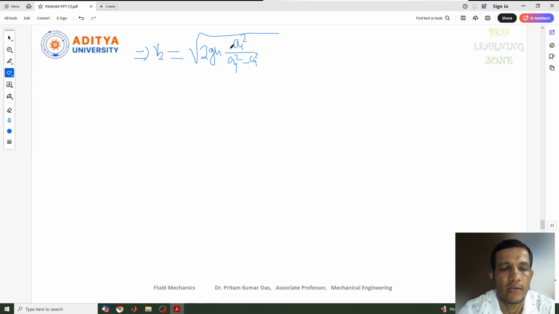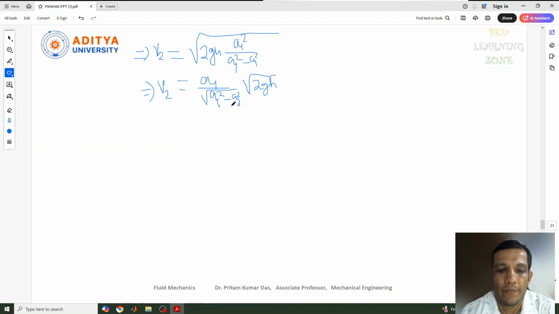This was the equation. So now solve this one. Let's take this term outside, so that we'll get A1, and suppose root over, if you want to keep it here, A1 square minus A2 square into root over of 2gh. Okay, so this is V2.